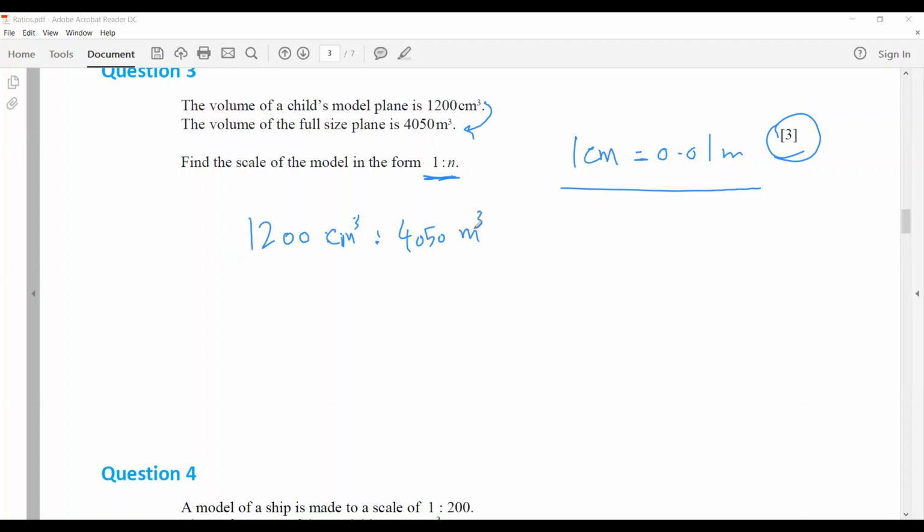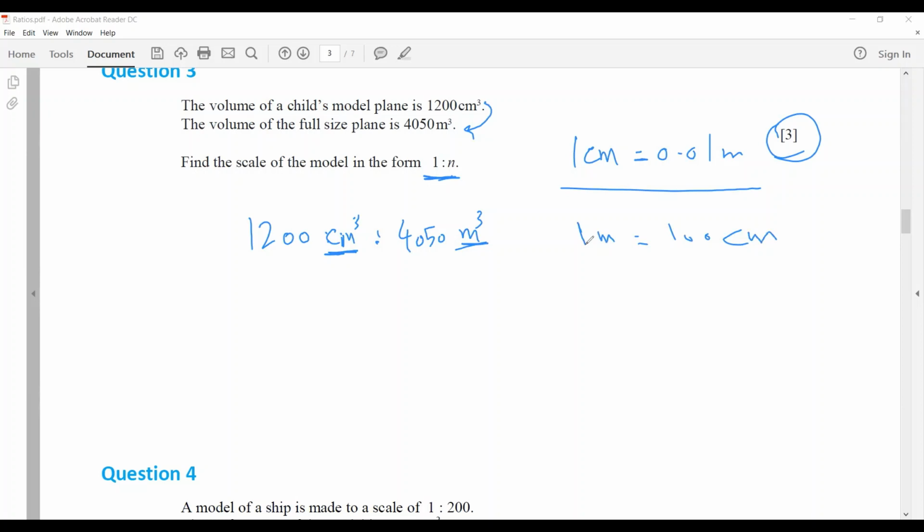So it's up to you guys, either you convert this to cubic meter or you convert this to cubic centimeter. I think it is easier to convert meter to centimeter. If you want to convert meter to centimeter, you just multiply by 100, right? That's easier to do.